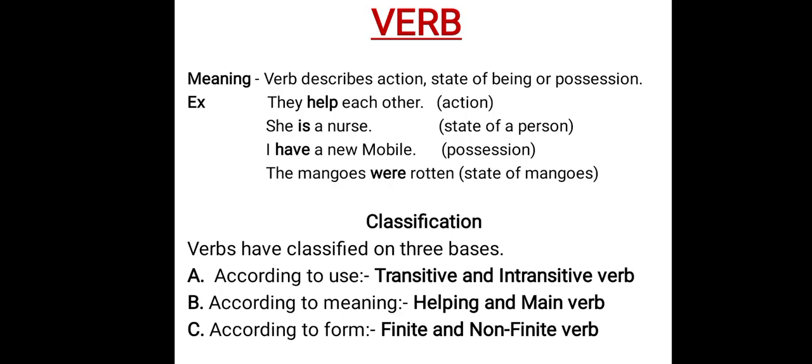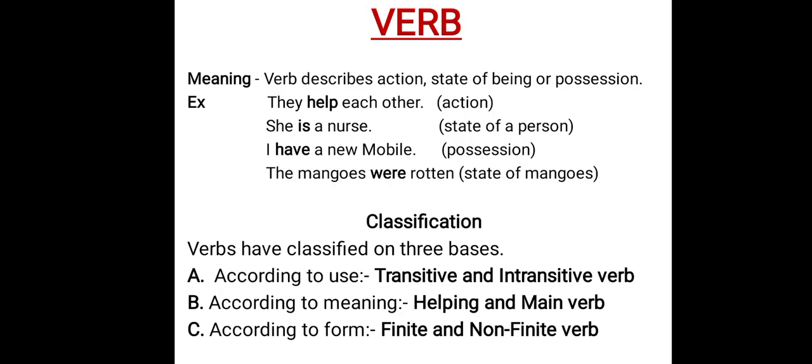State of being means the present, past or future state of any person or object. And possession stands for ownership. So, a verb describes any of these three things, whether action, state, or possession.